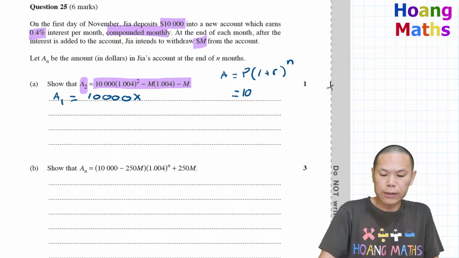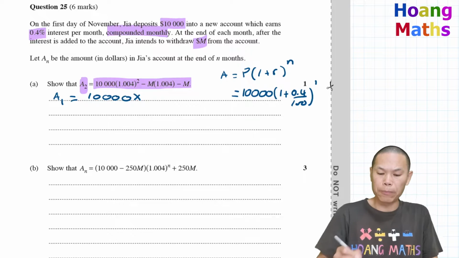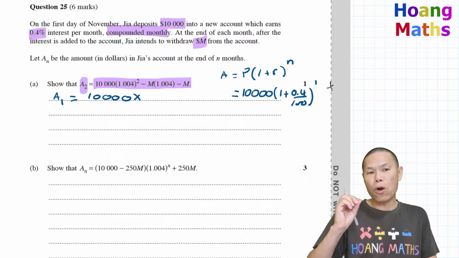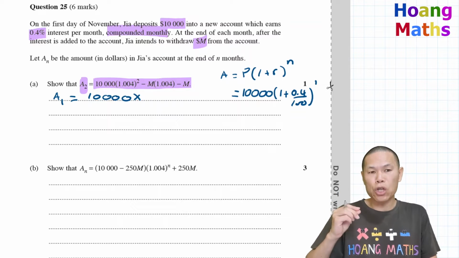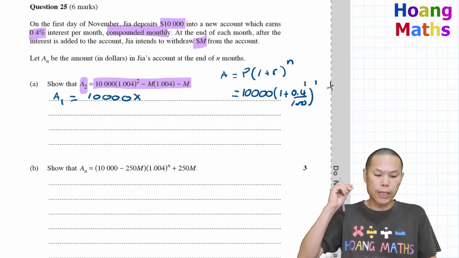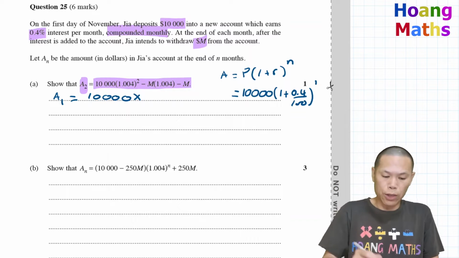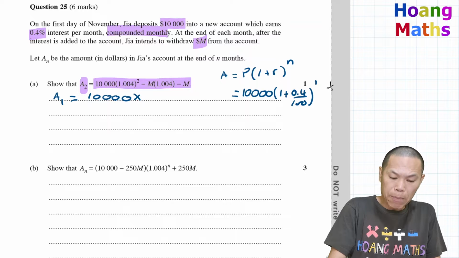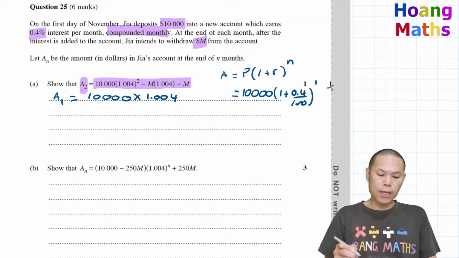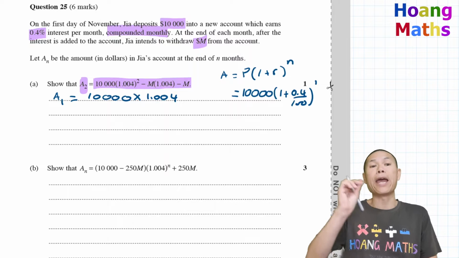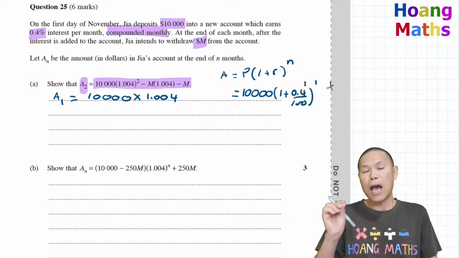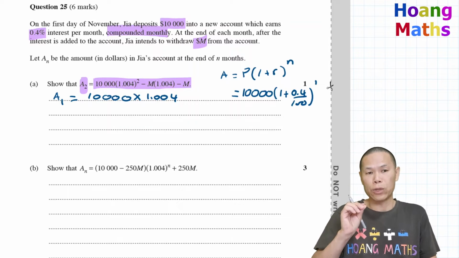So 10,000, 1 plus 0.4%, power 1. 0.4 over 100 and add 1 on top is just 1.004. So keep that in mind. So that is times by 1.004. That is the amount of money at the end of the month, after the interest is added to the account.